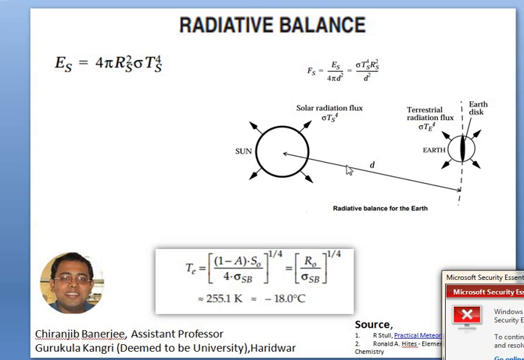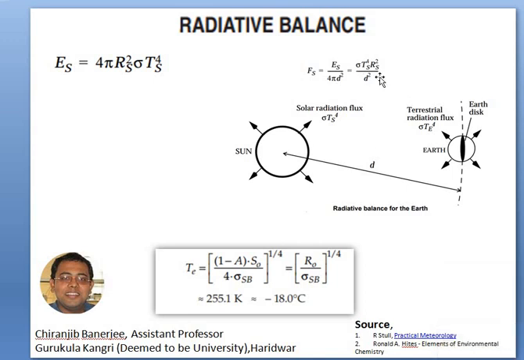Now when we put in all the numeric values, sigma, the temperature of the sun, and the radius of the sun, this d will vary for any planet, because the distance from the sun is different for each planet, so every planet will have a different d.